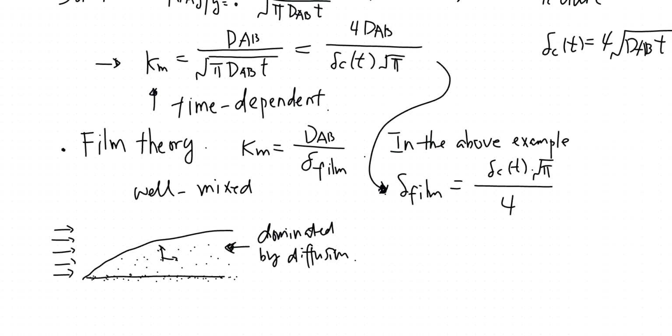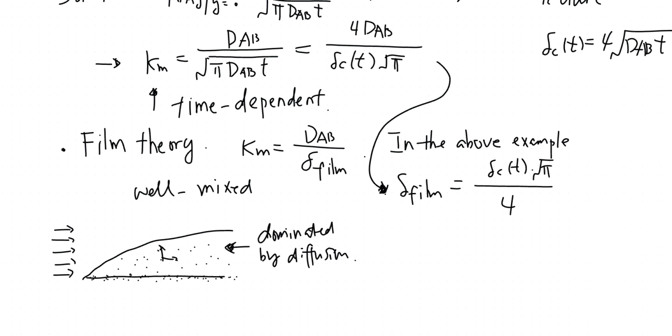If you look at the place delta film appears, it appears in the denominator. It still serves as a resistance, and its magnitude depends on system geometry, the physical properties of the fluid, the flow conditions, etc. We have introduced the idea of film thickness, the film theory.